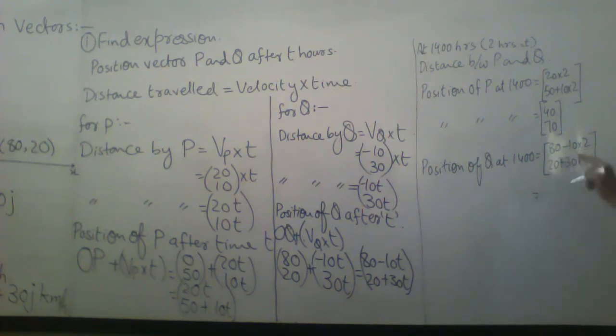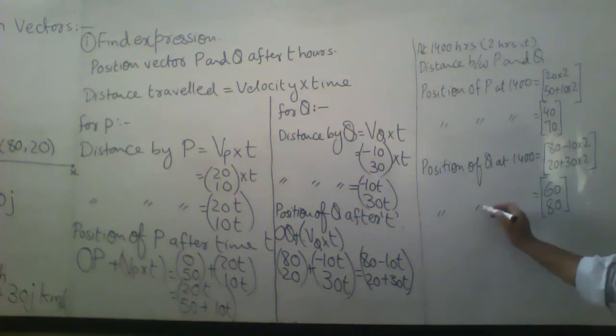Simplifying it, 80 minus 20 will be 60, and 30 into 2 will be 60 plus 20 will be 80. Okay, so that's the position of Q at 1400 hours.